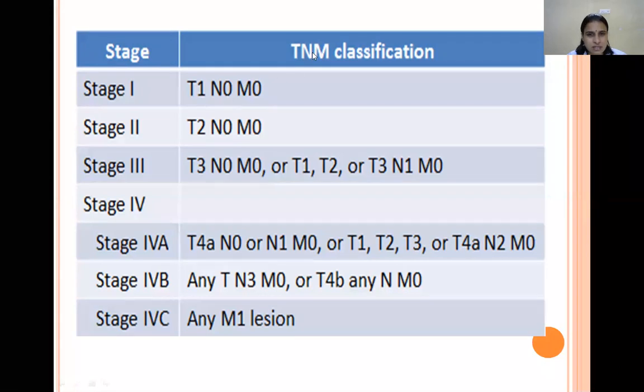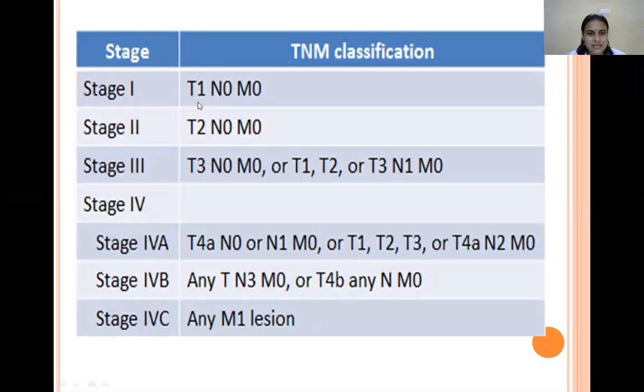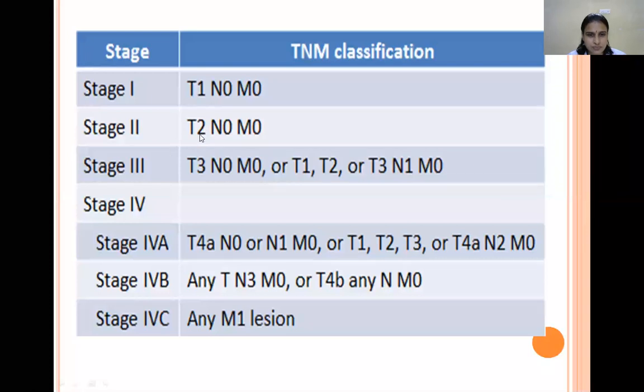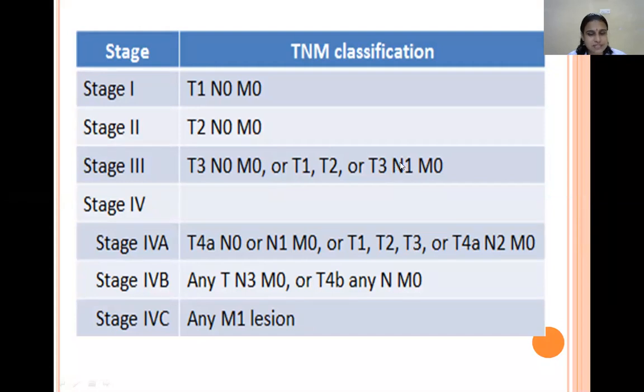Next, based on this TNM classification of AJCC, staging is as follows. Stage 1 is only T1. Stage 2 is T2. Stage 3 is T1, 2 or 3 with N1 present, that is, involvement of the regional lymph nodes on the same side.